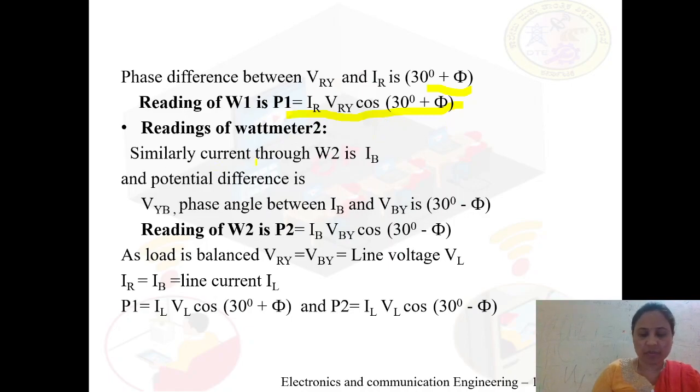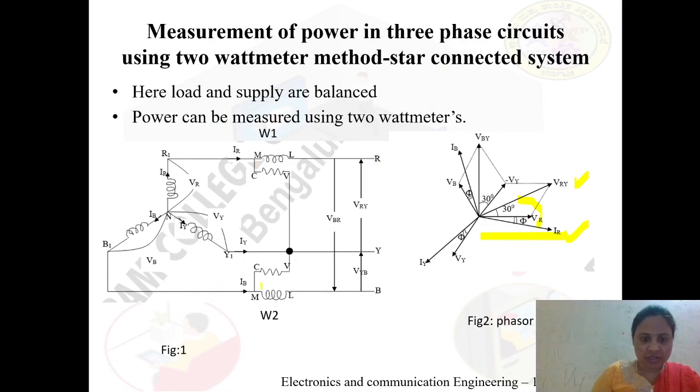Similarly, let us see the second wattmeter. W2 measures the current IB, and here you can see the voltage coil is connected between lines B and Y. So the voltage is VBY and the current is IB. What is the angle between IB and VBY?